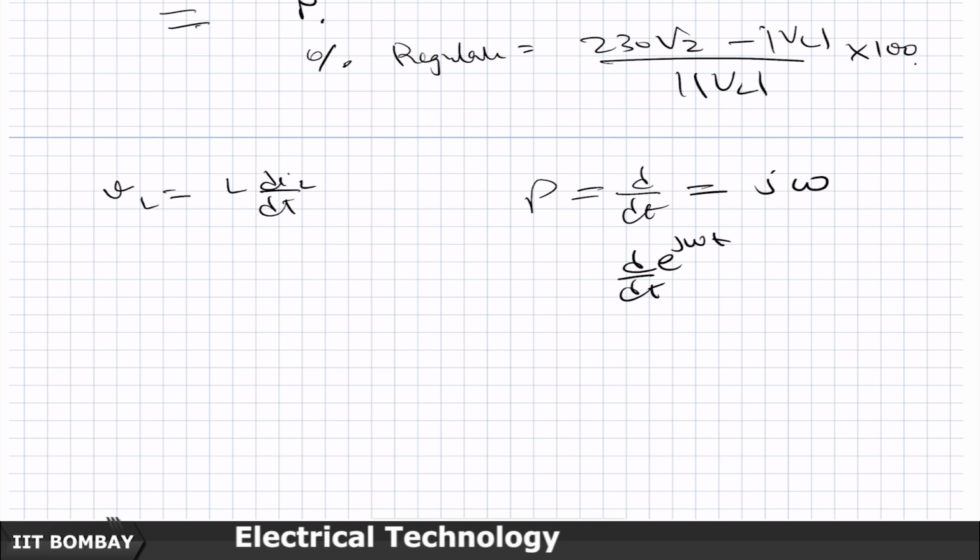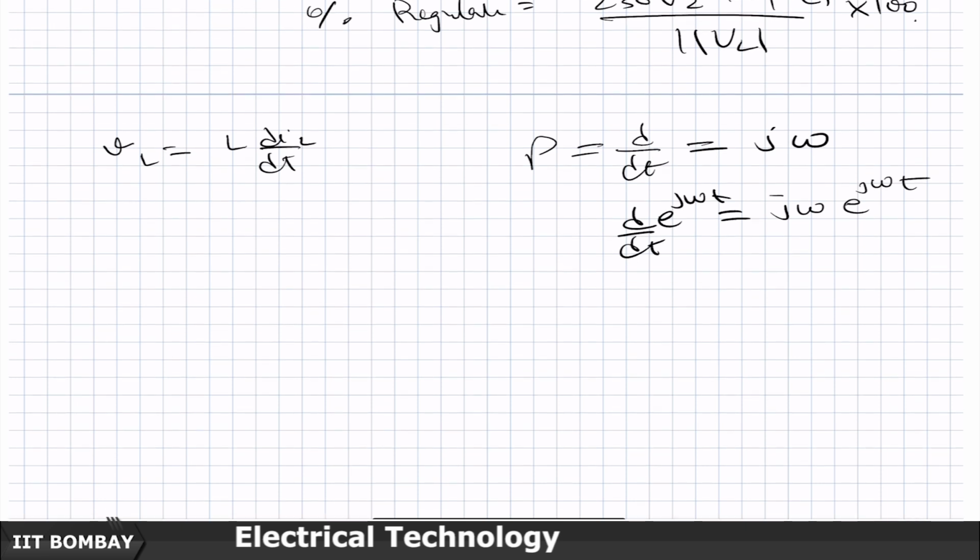The reason for this is the derivative of this is nothing but this, and last class we saw that we can work directly with complex exponentials. Anywhere a d by dt operator comes, you can replace it by j omega, where omega is 2 pi f, for India it is 2 pi into 50, that is about 100 pi.